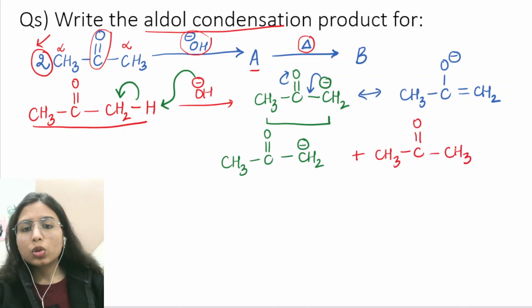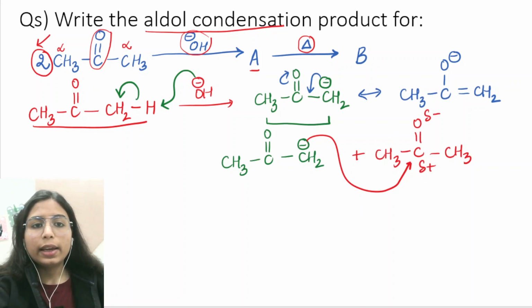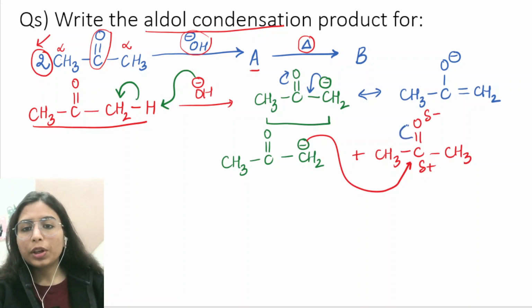Okay, so here this negative charge would react on this electrophile, which is del positive and del negative, and the electron density would be seen shifting towards oxygen. So what is going to happen?